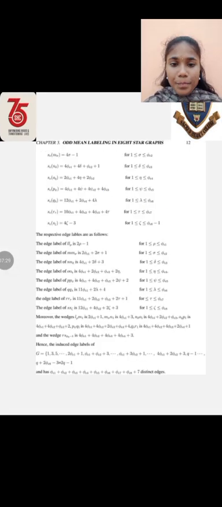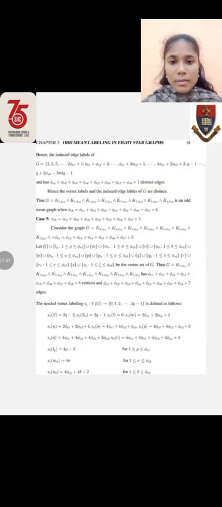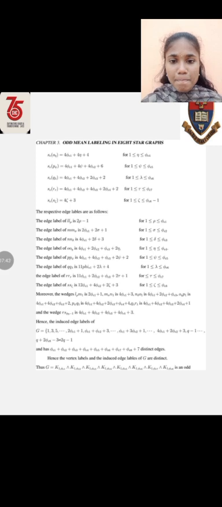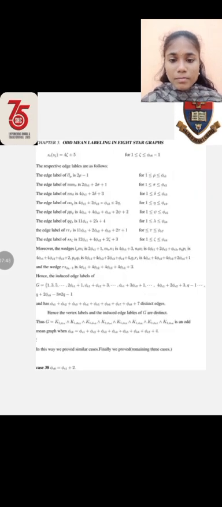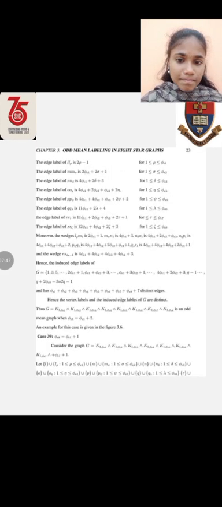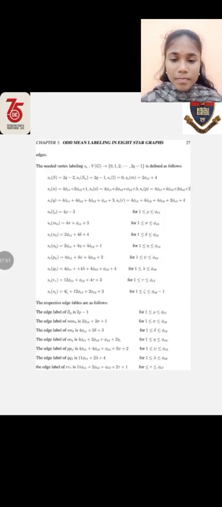Similarly, we can prove all the cases. There are 40 existing cases, then the non-existing cases are considered.